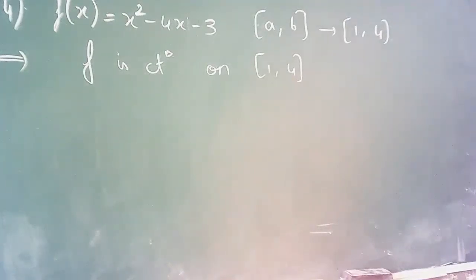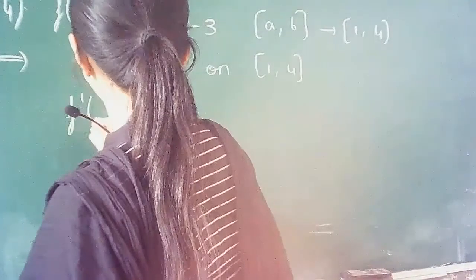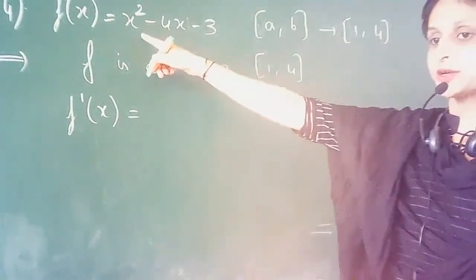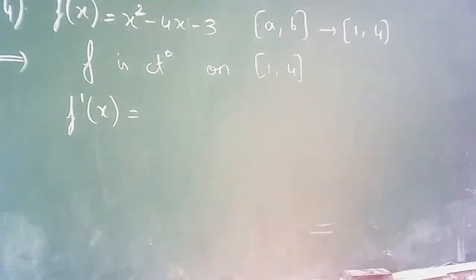Now to check the differentiability, we will differentiate this function. So what will be f dash of x? Yes, what is f dash of x, students? Please tell me. Only 2x?